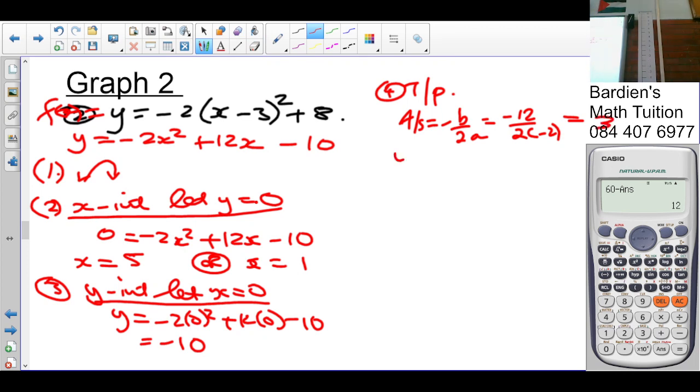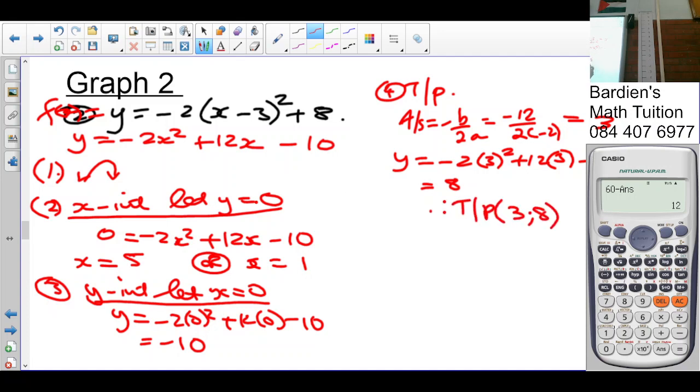Which now gives us y is equal to negative 2 times 3 squared plus 12 times 3 minus 10, which is negative 18 plus 36 minus 10 gives you 8. Is that correct? So what are the coordinates of the turning point? 3 and 8. You all agree with that?